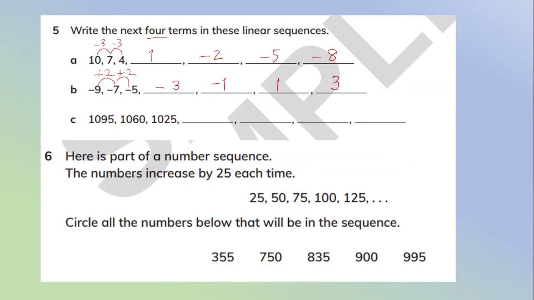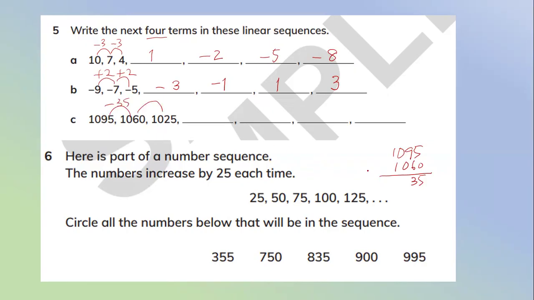Part C, 1095, 1060, 1025. Okay, what is our term to term rule? 1095 and 1060, the difference is 35, so it is subtract 35.